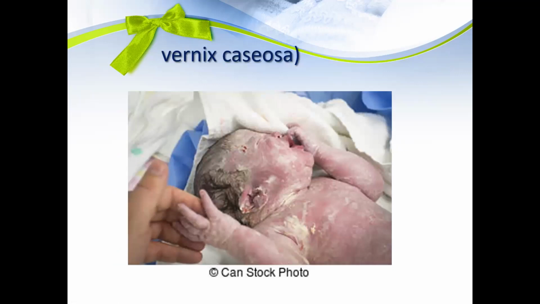This vernix caseosa, who's going to tell me about that? What is it? What's the purpose of it? To protect the skin. Okay, it protects the baby, right? It's like this oily, thick substance that develops on the baby's skin, right?